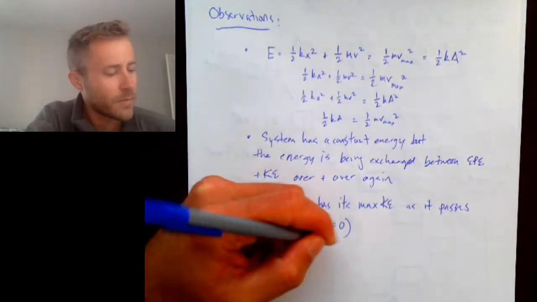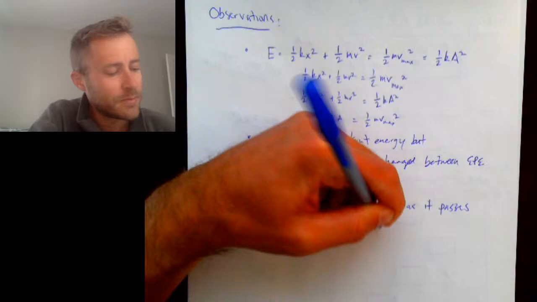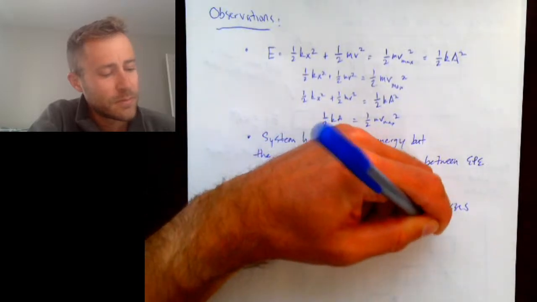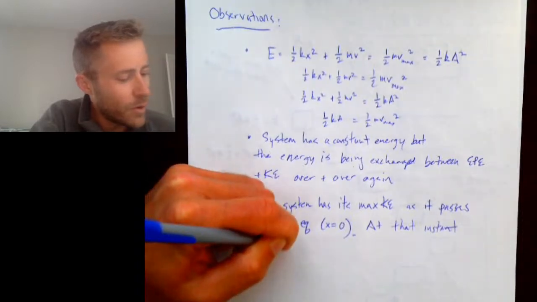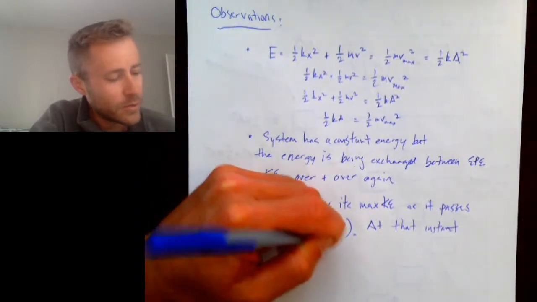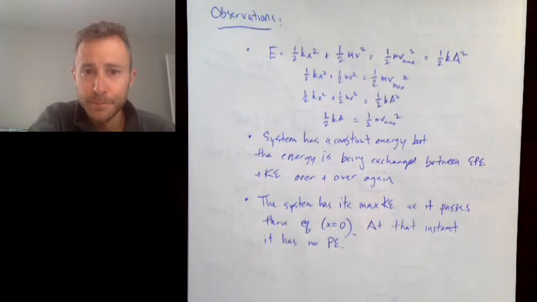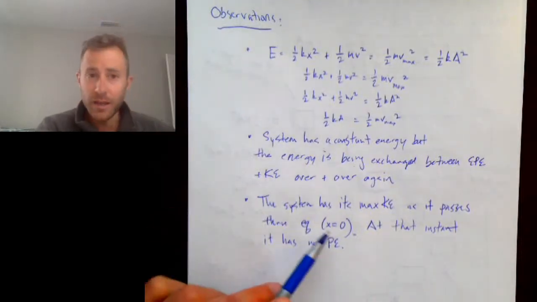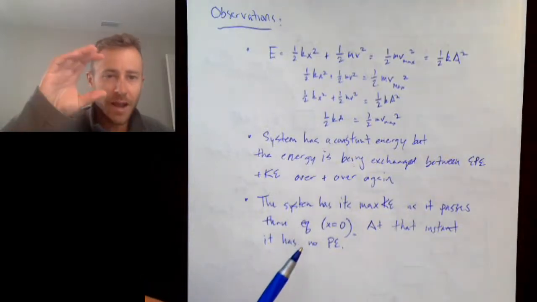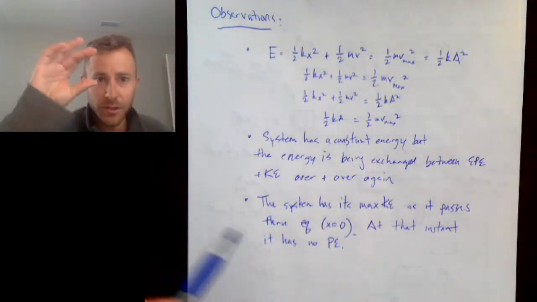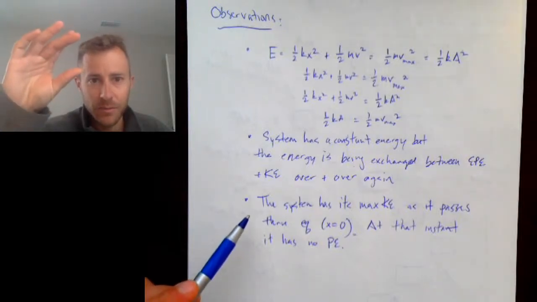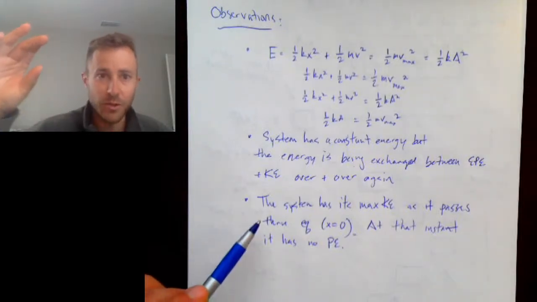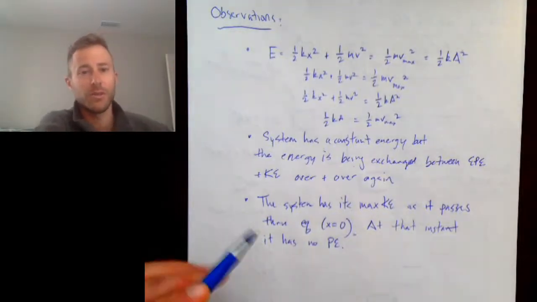At that instant, it has no potential energy. Okay? And so why doesn't it stay at equilibrium? Well, if you are at equilibrium and you have no kinetic energy, then you're just going to stay there forever. But it doesn't have zero speed at equilibrium, so its inertia carries it through equilibrium.